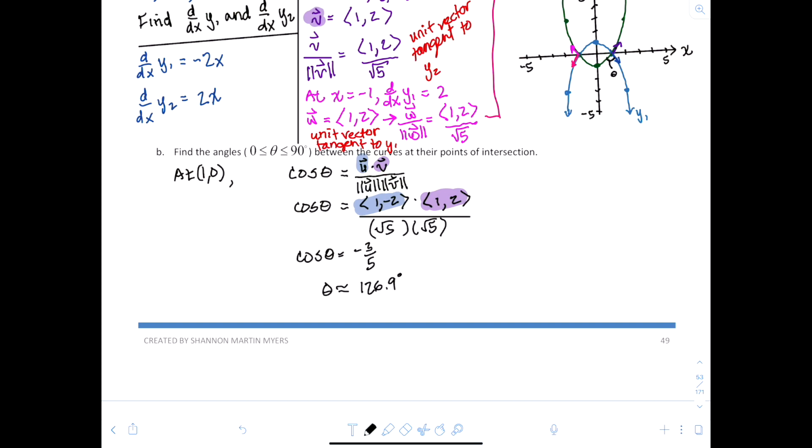So what we need to do is go from that second quadrant, subtract from 180, and that gives us, I believe, 53.1 degrees.